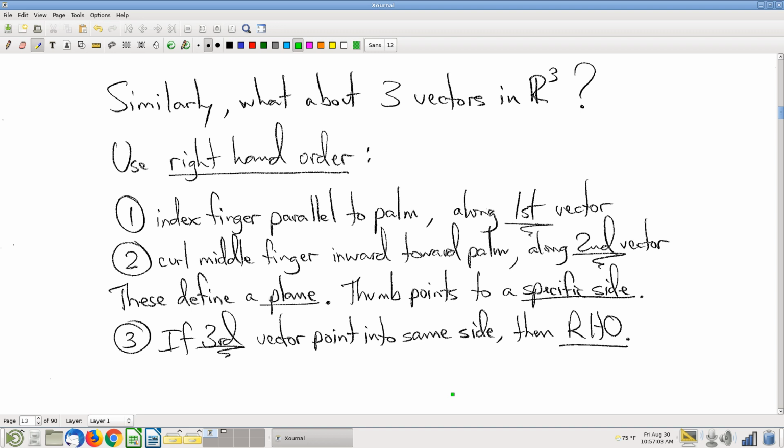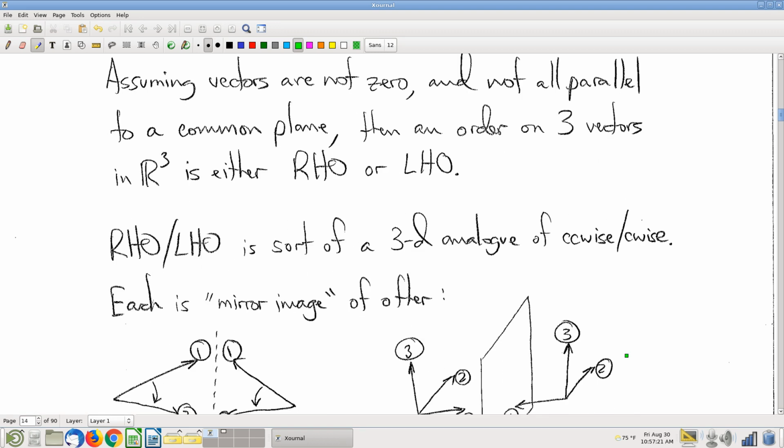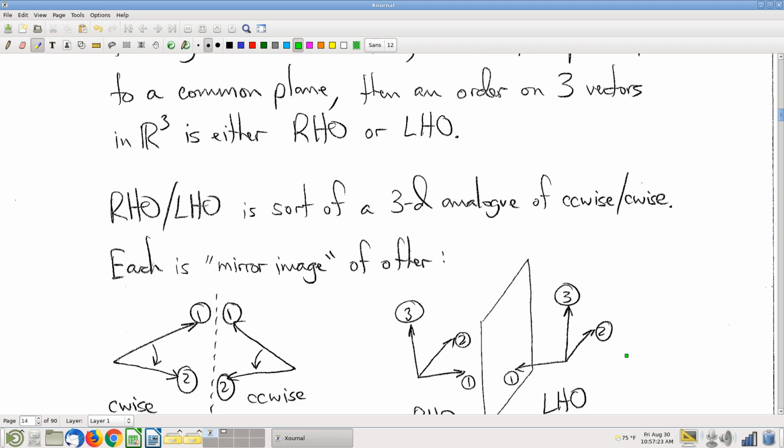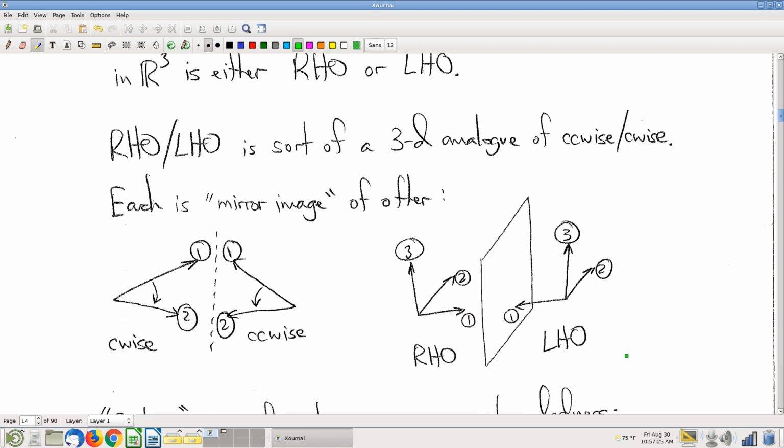Okay. So if your third vector points in the same direction as your thumb, and by same direction I mean just on the same side of the plane as your thumb, then we say that list is in right hand order. That's my definition. So here's a couple observations that you can make, and I think these are kind of neato.